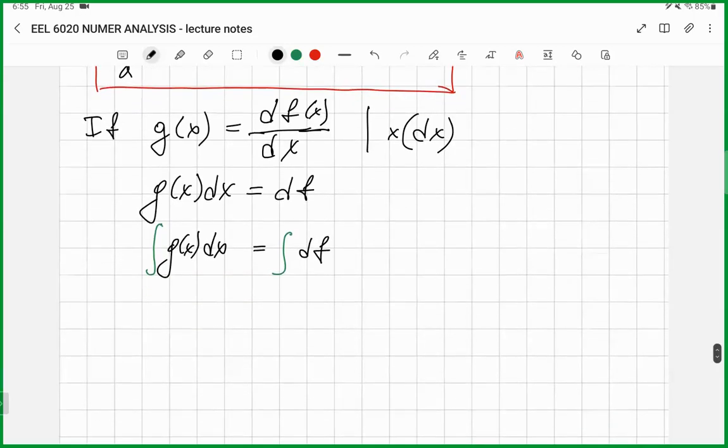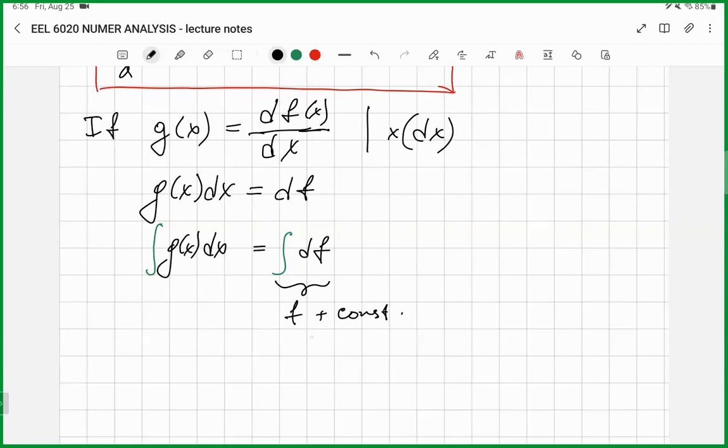This is how you deal with the integral. Since integral is the opposite operation to differentiation, this part becomes f, because the integral of a differential gives you the function itself plus some constant.